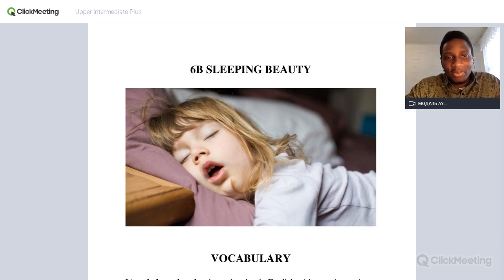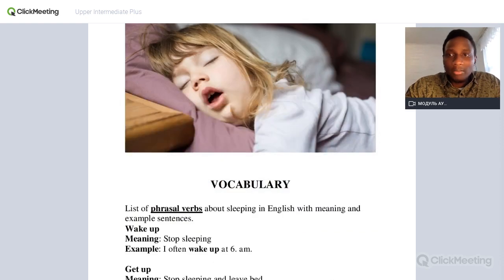There's a very cute girl in the picture, as you can see, she's sleeping. Today we're going to look at some common phrases, vocabulary of some phrasal verbs talking about sleeping in English, with meaning and some example sentences.